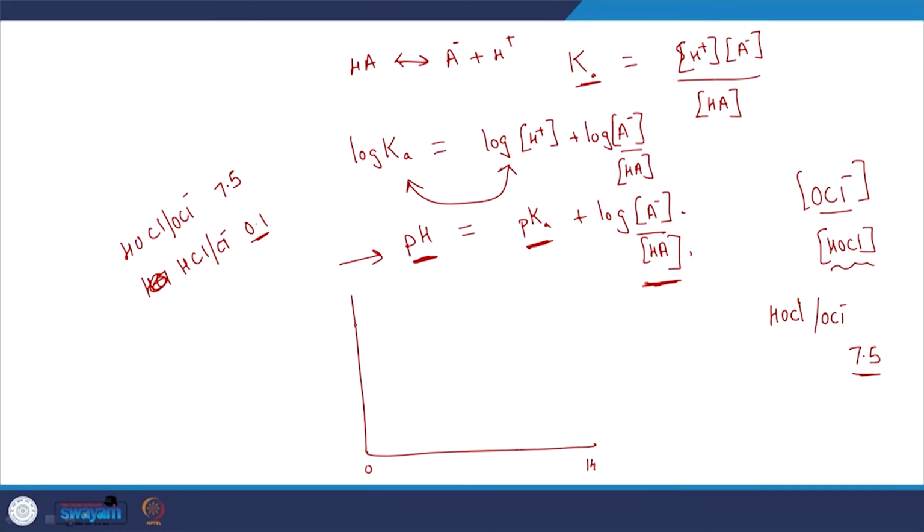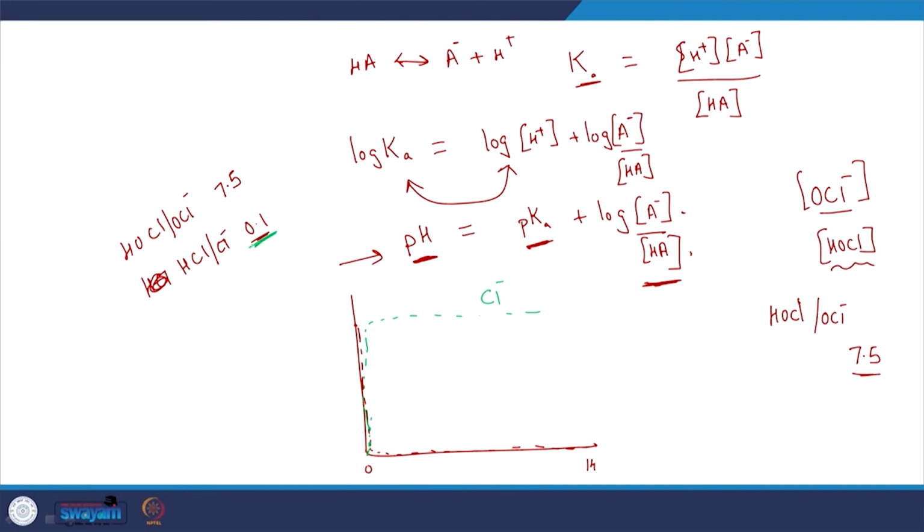So, what does this mean if it is 0.1? It means that for almost all the range of pH, as soon as I add HCl, it is going to deprotonate and stay as Cl minus, meaning it will almost always give out the H plus.